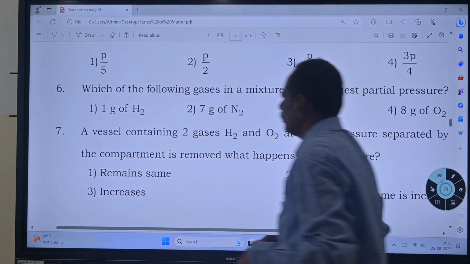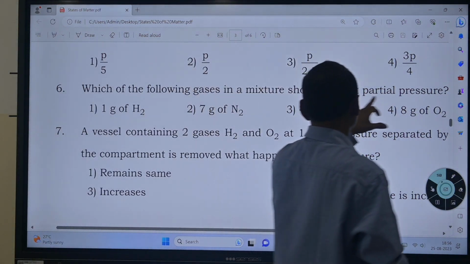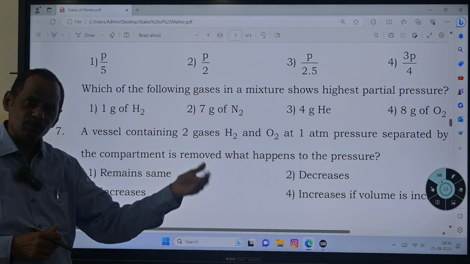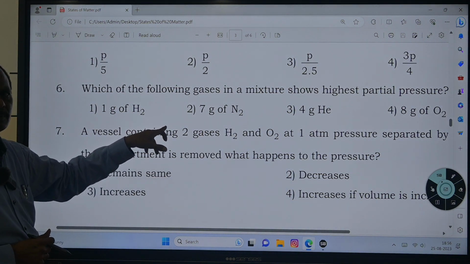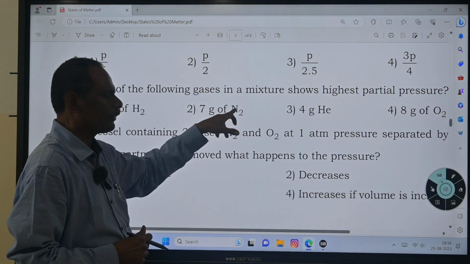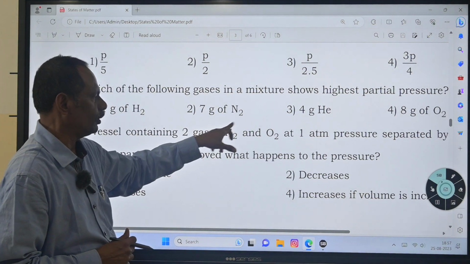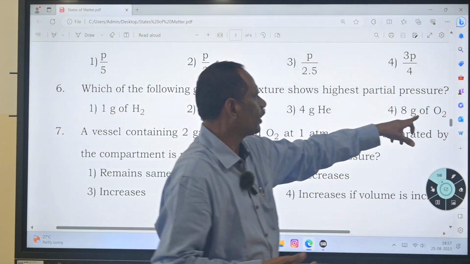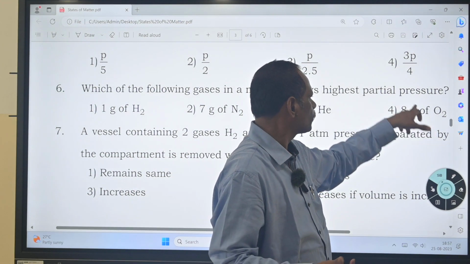So, in our problem, which of the following gas in a mixture shows highest partial pressure? The gas which has the highest number of moles exerts the highest partial pressure. 1 gram of hydrogen means 0.5 moles. 7 grams of nitrogen, with molecular weight 28, means 7 by 28, so it is 1 by 4 moles. 4 grams of helium is 1 mole because the molecular weight of helium is 4. 8 grams of oxygen is 1 by 4 moles because the molecular weight of oxygen is 32, so 8 by 32.